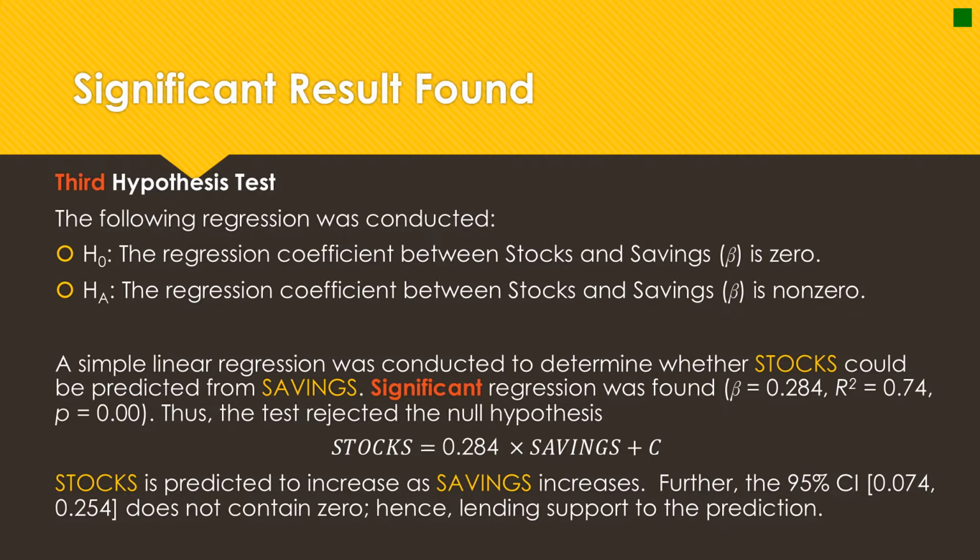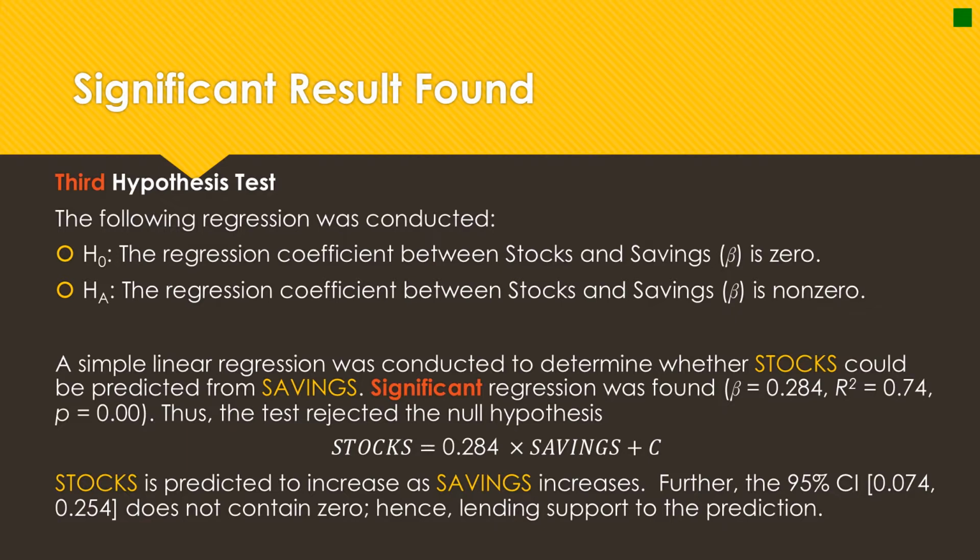Here I want to tell you that if the value of b, which is beta, the slope, is negative, then we will say that an increase in savings will decrease stocks, or a decrease in savings will increase stocks. But there is no negative value. It means if savings increase, stocks will definitely increase.